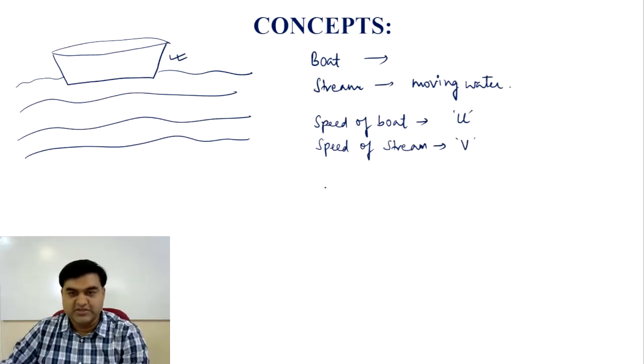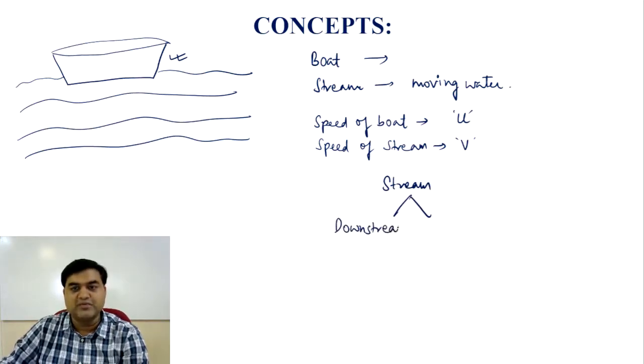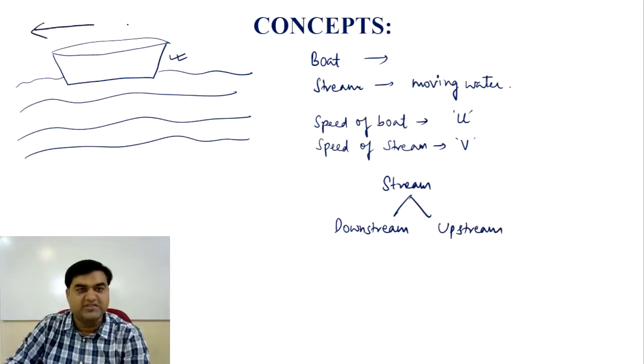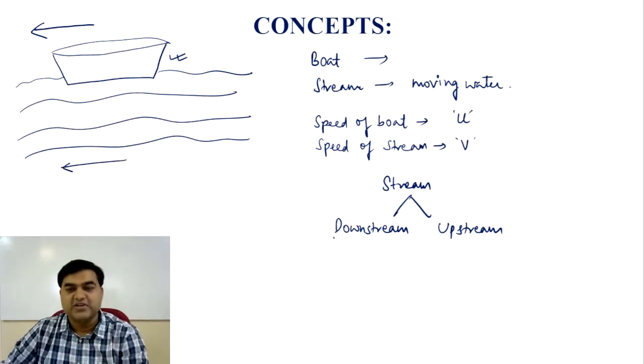Now considering this, we have two kinds of streams. Streams are of two types. One is downstream, another one is upstream. When the flow of the boat is in the same direction as the flow of the stream, then it is called downstream.